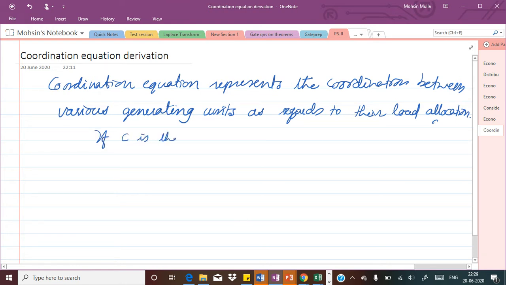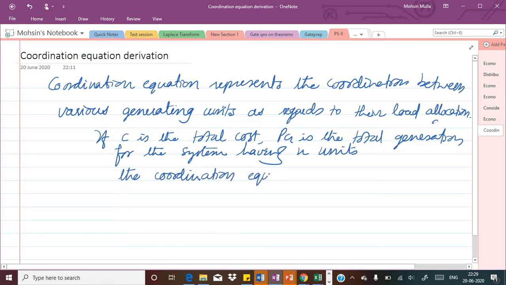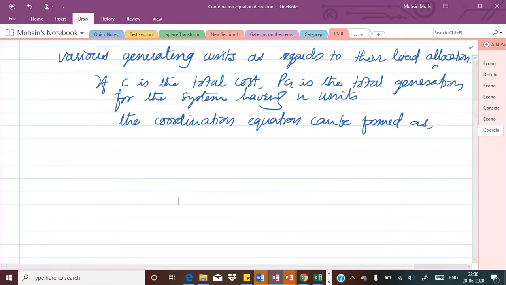Now let us try to obtain the same. If C is the total cost, and Pg is the total generation for the system having n units, the coordination equation can be formed as C equal to C1 plus C2 plus so on plus Cn.